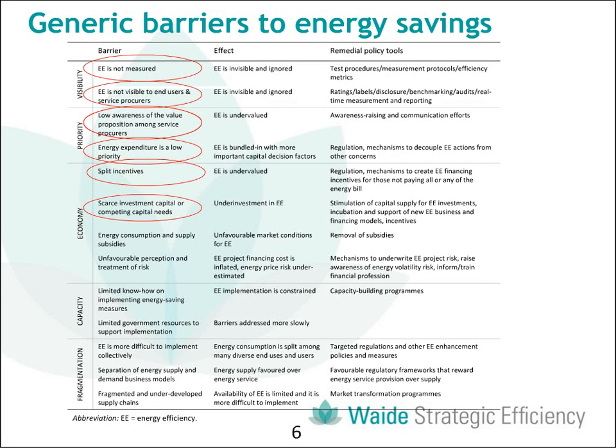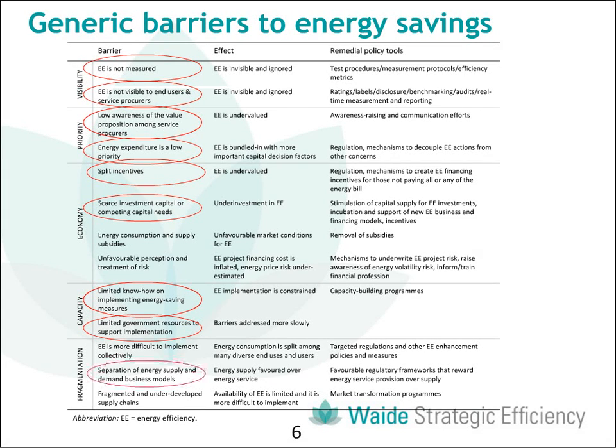There is scarce investment capital or competing capital needs. You have capacity problems, particularly limited know-how on how to implement energy-saving measures. And equally important, because administration is extremely important and policy is extremely important to make the market function for energy efficiency, there are limited government resources to support implementation, and even in many cases to develop and implement policy.